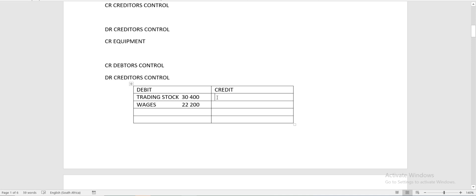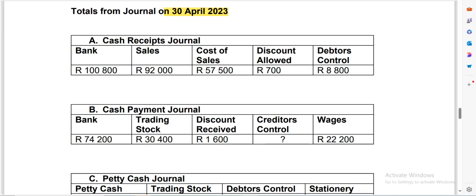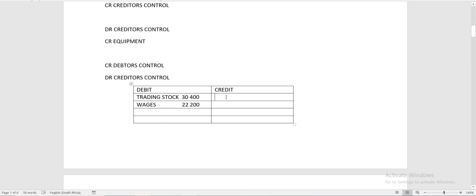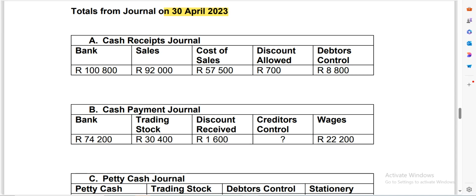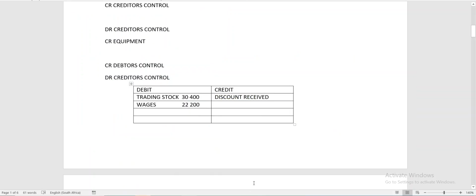So then we credit bank, right? Maybe let me make bank the last one. So remember, what is credited here is our discount received, so say discount received for $1.6.